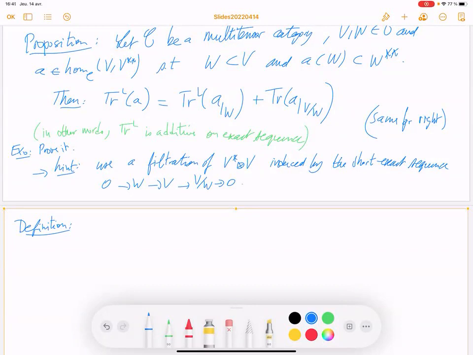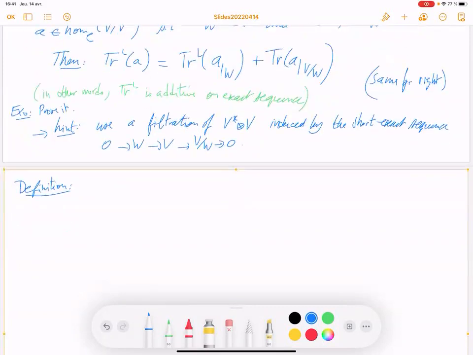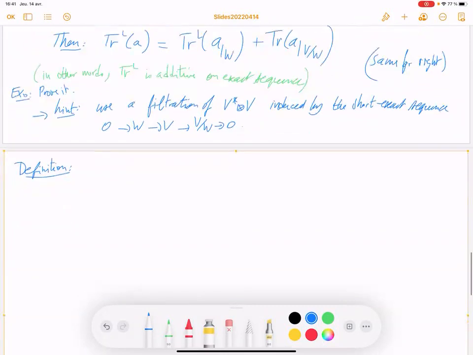And in fact, this notion of pivotal structure will be really, in some sense, pivotal. It's really important. So let C be a rigid monoidal category.